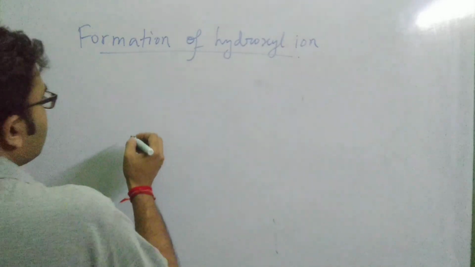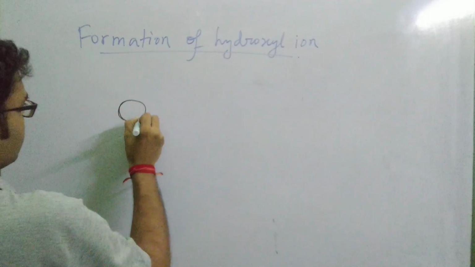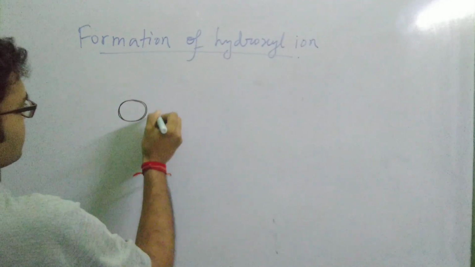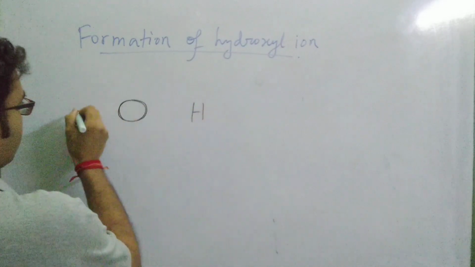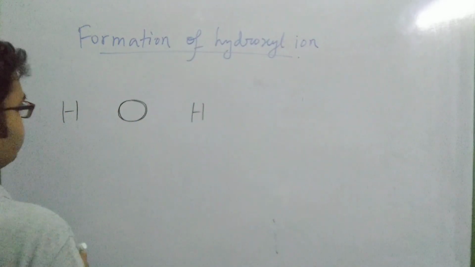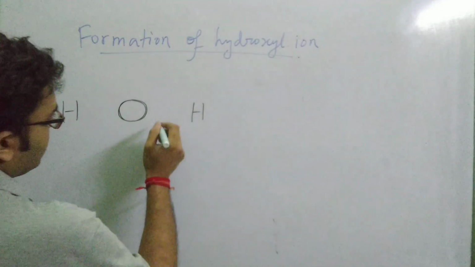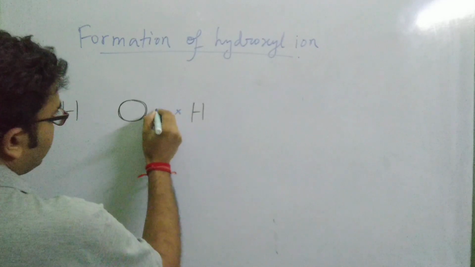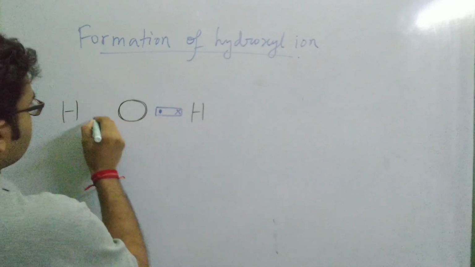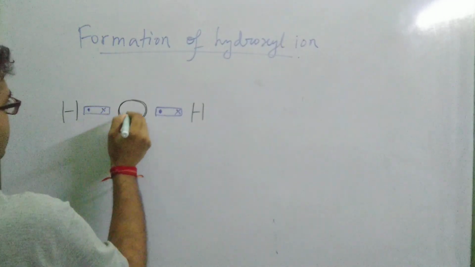Now, you can see the structure of water. I am redrawing it once again. So the structure of water is something like this. Here is one hydrogen atom, the oxygen atom in the middle, and another hydrogen atom. The hydrogen atom and oxygen atom individually share one pair of electrons. Similarly, this other hydrogen atom and oxygen atom share one pair of electrons.